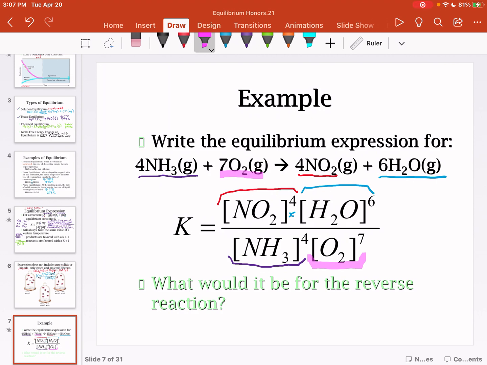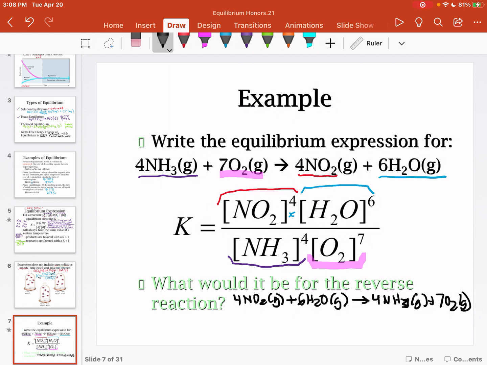What do you think the equilibrium constant expression would be if this reaction were in reverse? So meaning if it went like this, 4 NO2 gases and 6 H2O gases yields 4 NH3 gases and 7 O2 gases.